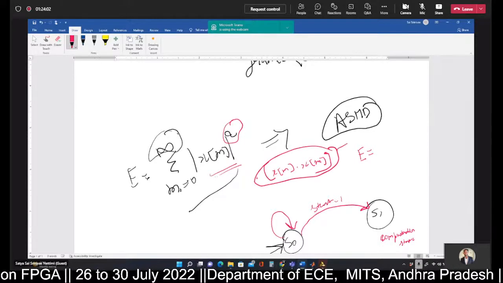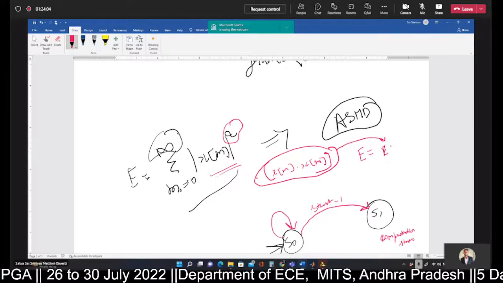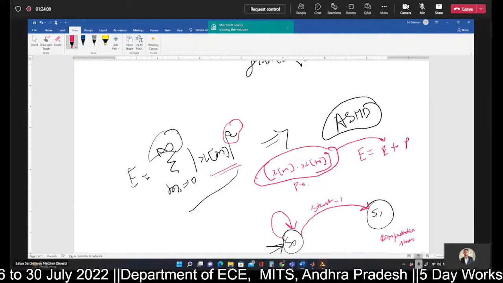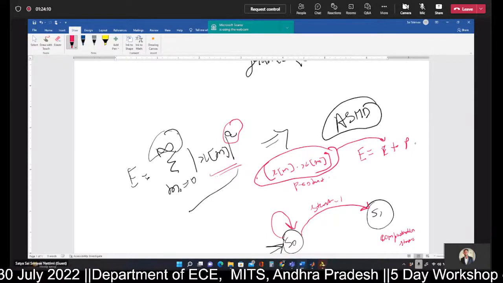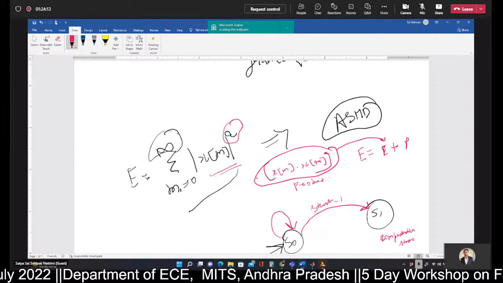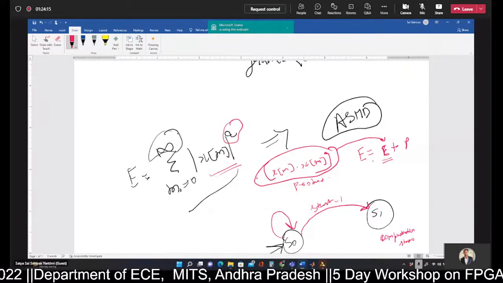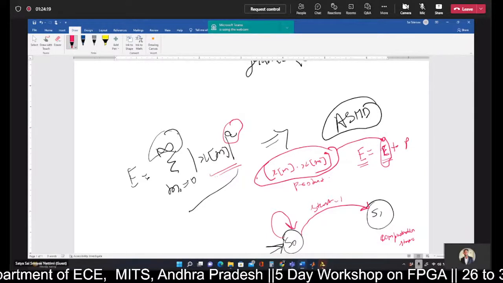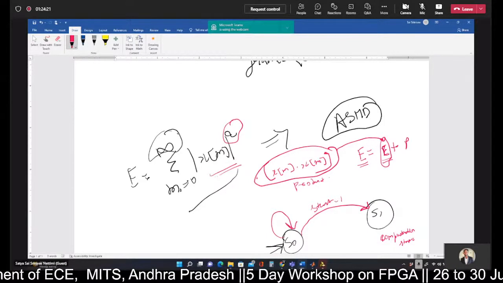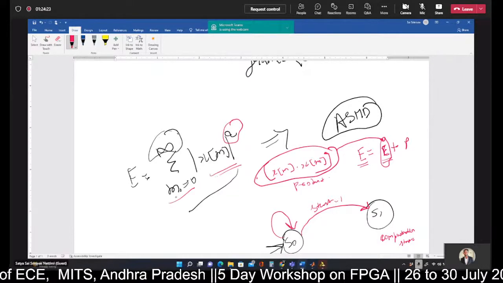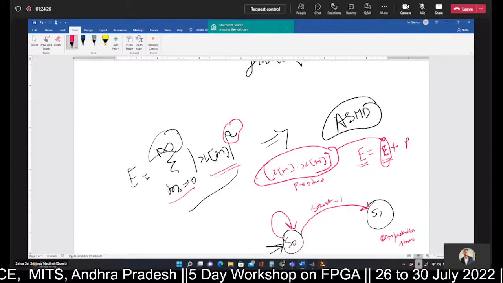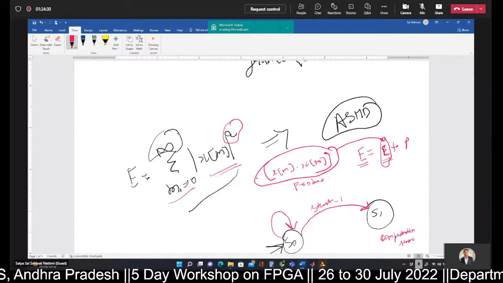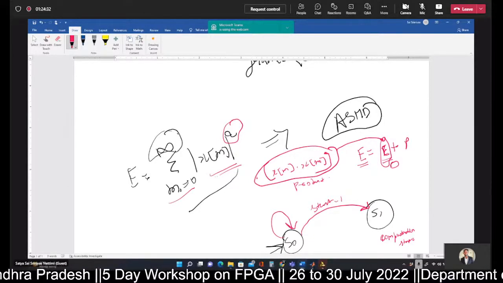This squared value, which we call P, the product, is always added to the accumulator register. That is, E equals the previously stored energy value plus P. Why? Because we need to calculate the running sum of the squares of the samples. So when the first sample is coming, by default the register is 0.